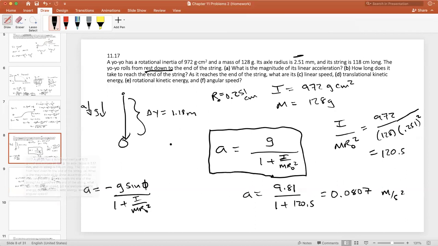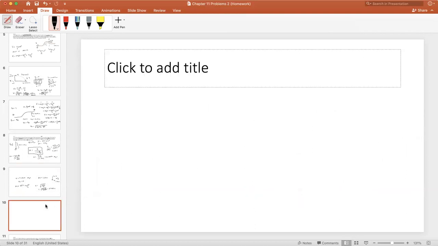So now for C, D, E, and F, what we want for C and D are linear speed and translational kinetic energy. So we want v final at the bottom. We want m v final squared over 2. We want I omega squared over 2, and we want omega final. Okay?